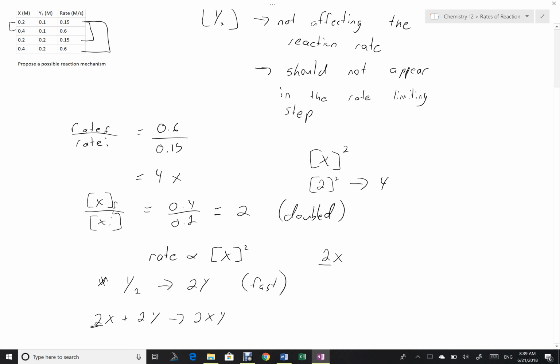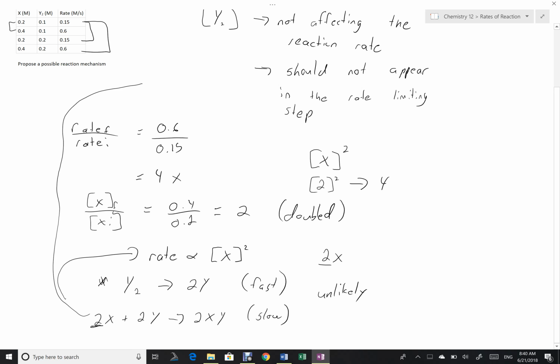Here I have 2 x's, and so this reaction could be my slow step and could lead to this rate law. So that works, but this mechanism is very unlikely.